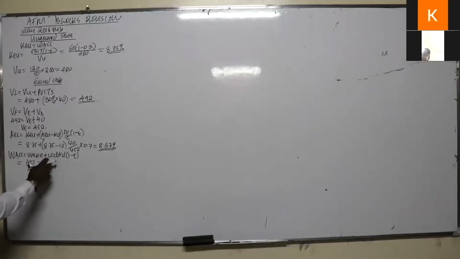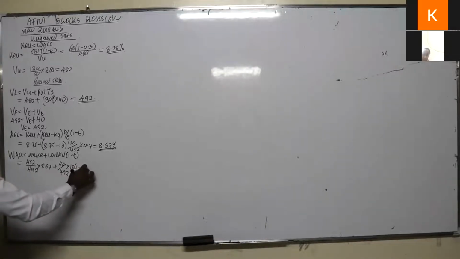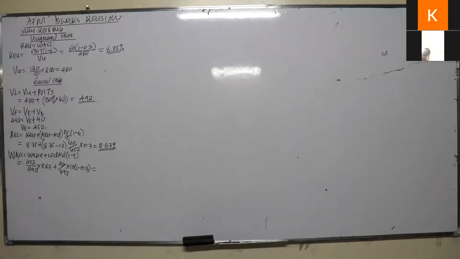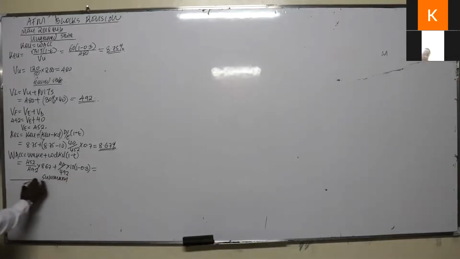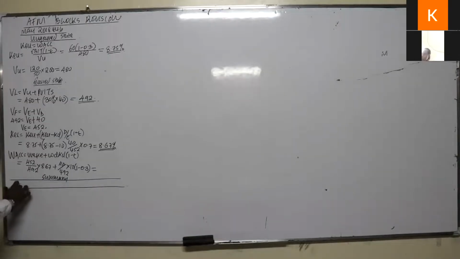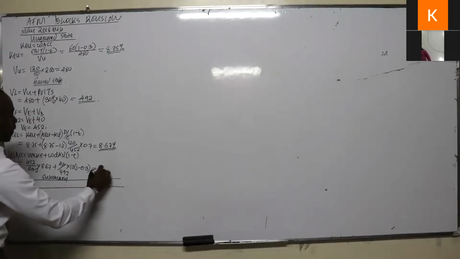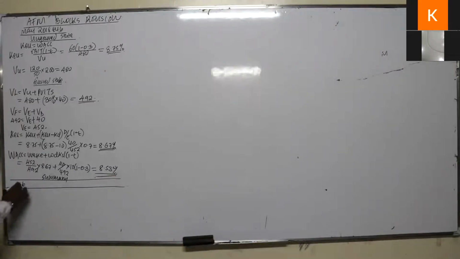Weight of the debt is 40 million over 492, times the cost of the debt, which is 10%, times (1 minus 0.3). We get 8.53%.